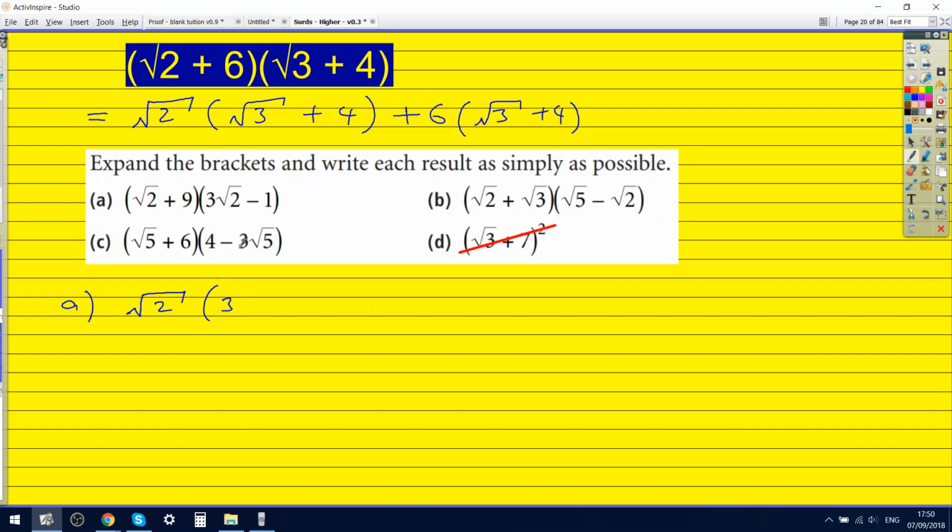Part A. What's the second bracket? Yes. That's 9.